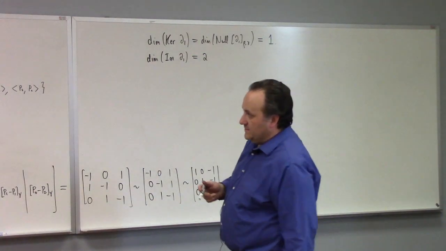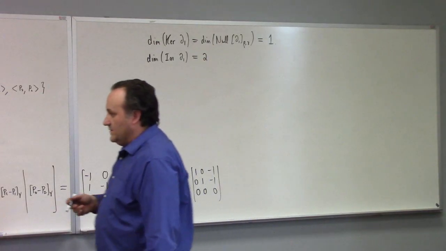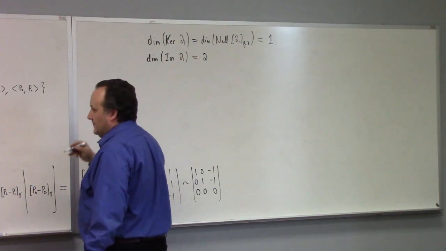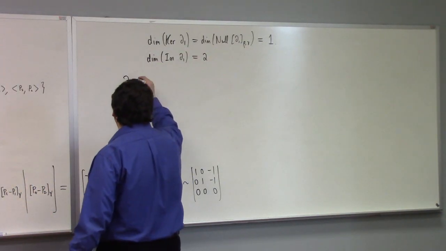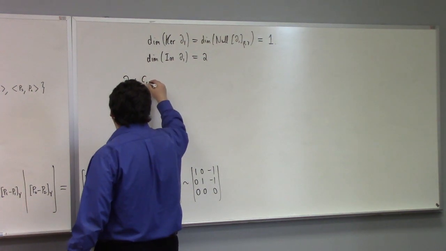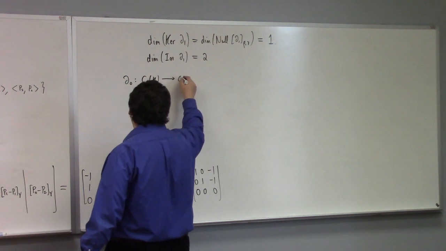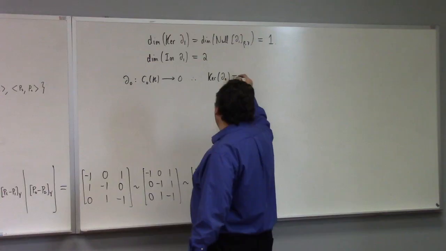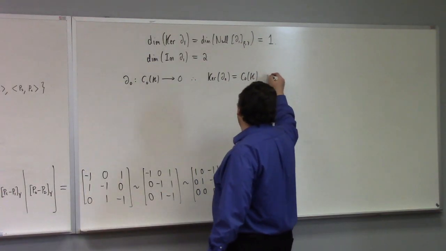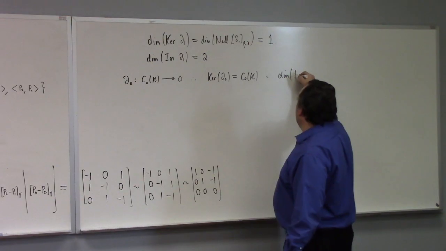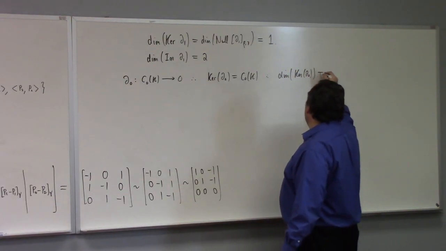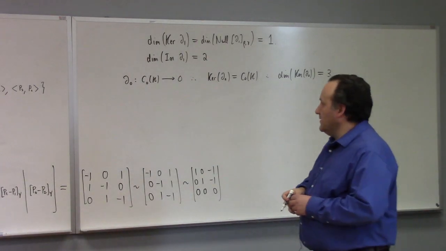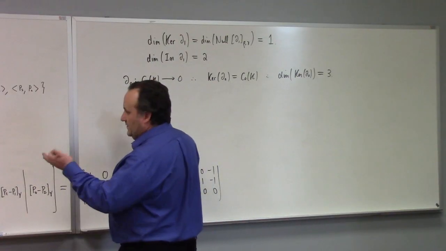So what else do we have to analyze? We can also analyze the boundary zero operator, right? That goes from C0K to 0, right? So what's the kernel of the boundary zero operator? It is C0K, so the dimension of the kernel of the boundary zero operator is 3. How about 2?